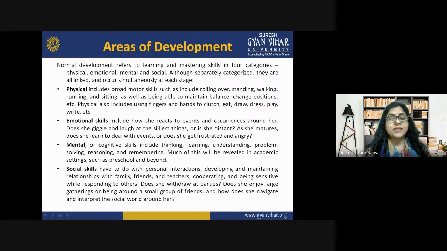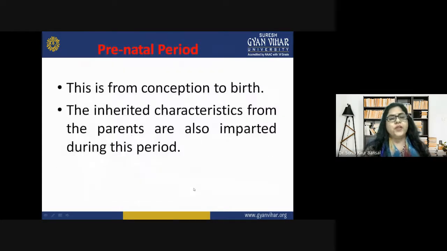So now students, let's learn about the stages of development that we can see. First of all, let me introduce you to the prenatal period. This is the period from conception to birth, and the inherited characteristics from the parents are also imparted during this period. The child is inside the mother, developing from a fetus to a well developed baby.